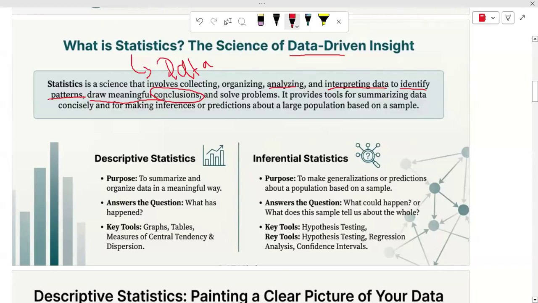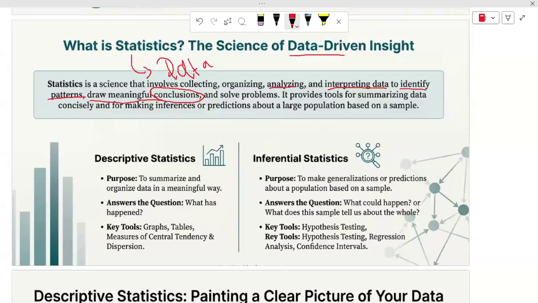Draw meaningful conclusions. After analyzing the data, you may find some conclusions. And solve problems. If you have any problem, you need to provide a solution for that problem. You need data. You make some investigations, then you find the root causes of the problem, and to eliminate the root causes, you may suggest a solution.